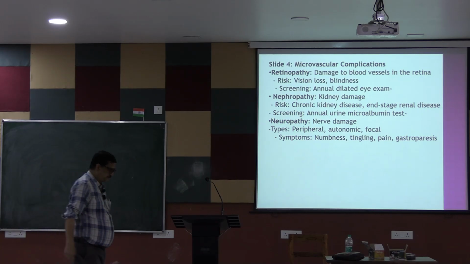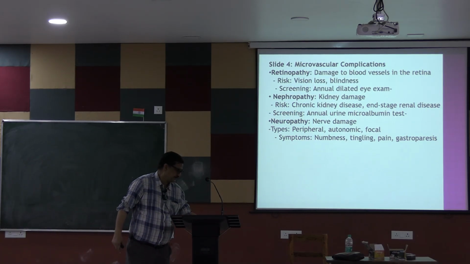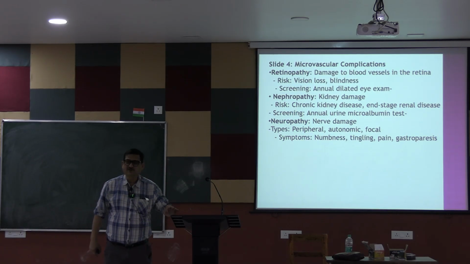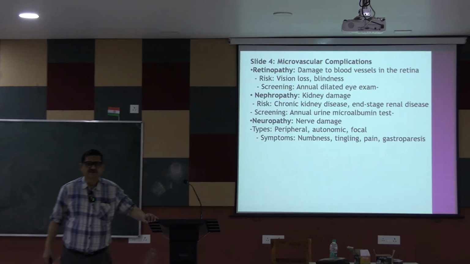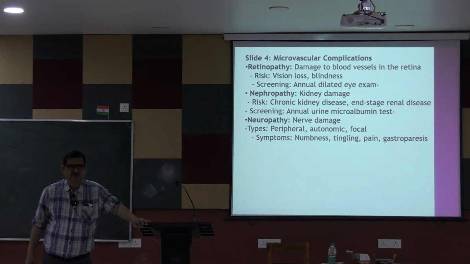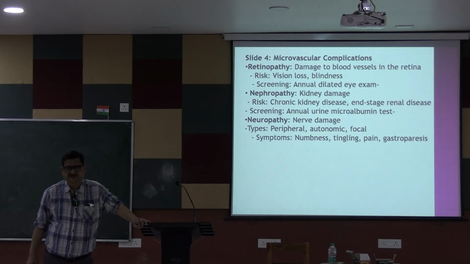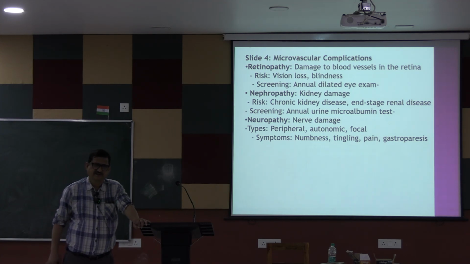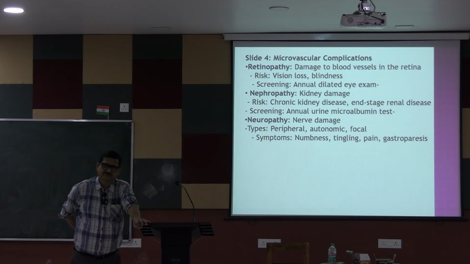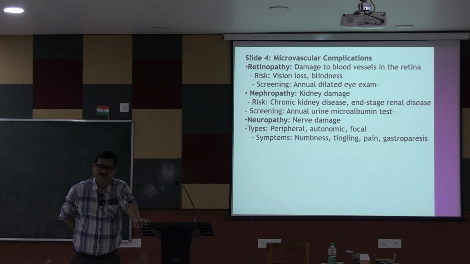One thing is to be kept in mind, we cannot prevent the complications. We can only postpone their arrival. So, a patient diagnosed with diabetes at the age of 30 years, we know at the age of 40 years his kidney will be affected.